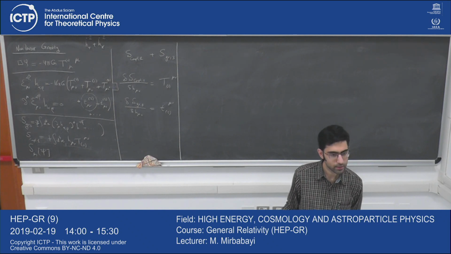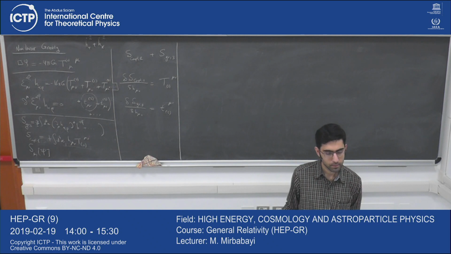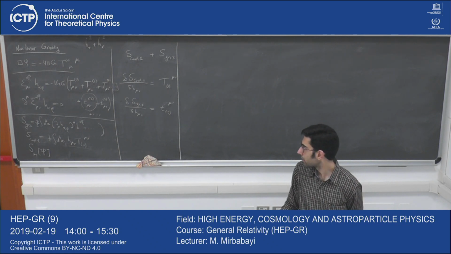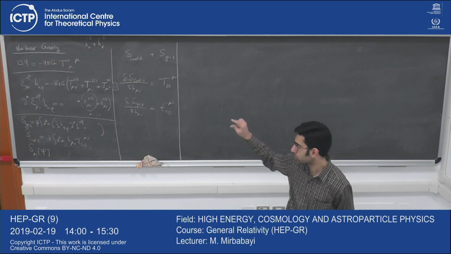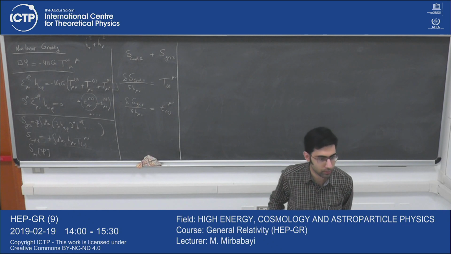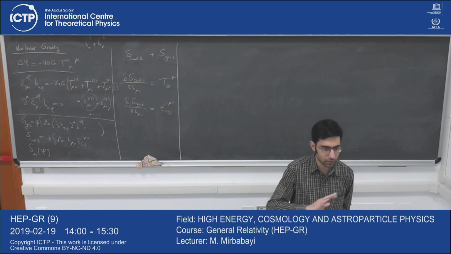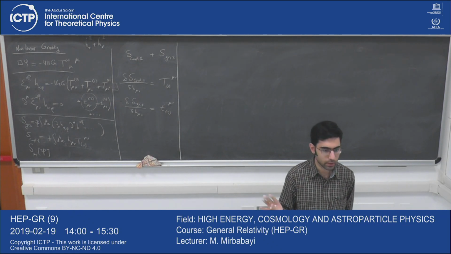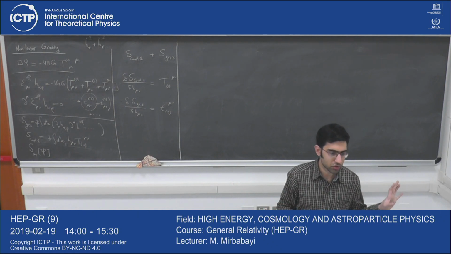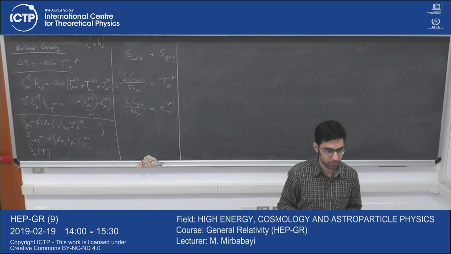But with the same coupling constant G. Yes, there will be some numerical coefficients, but there is no free parameter. You have an infinite set of couplings which are all fixed in terms of just G Newton.